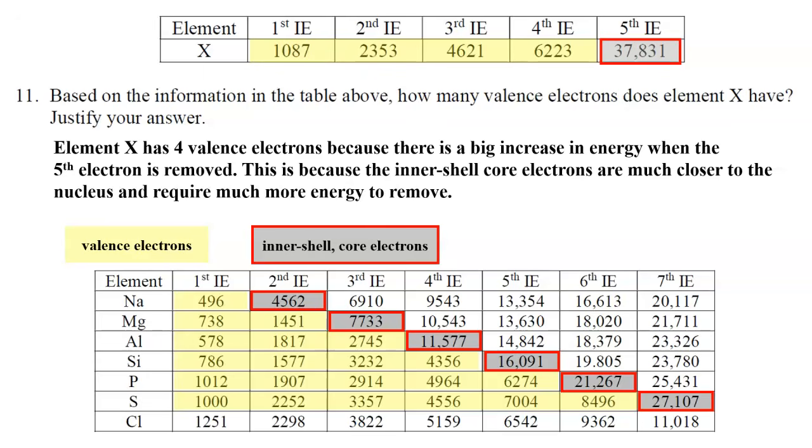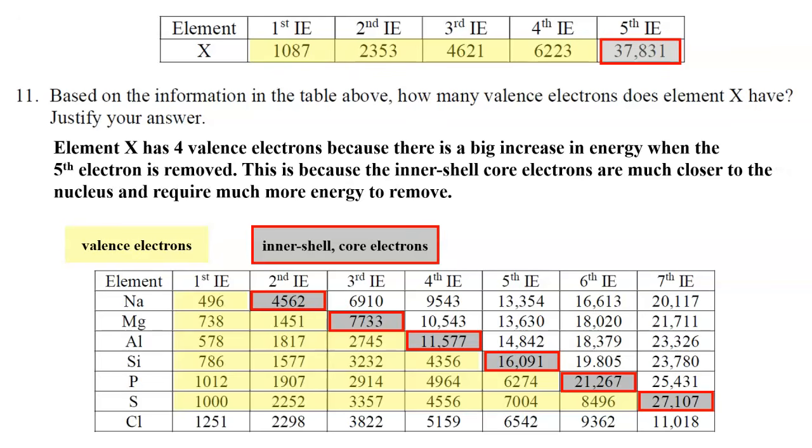But when there is a significant increase in the ionization energy value, that tells you that you are removing an inner shell core electron, which is much closer to the nucleus and requires much more energy to remove. So what you're looking for is a significant increase in the ionization energy value to tell you that at that point you've removed all of the valence electrons from that atom.